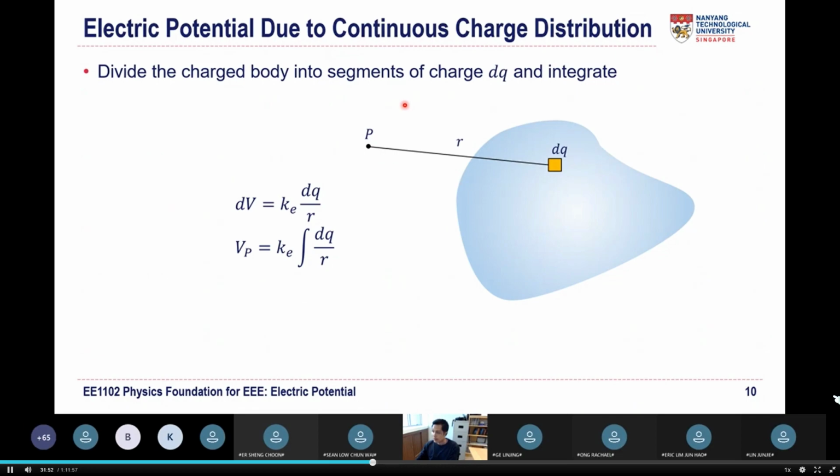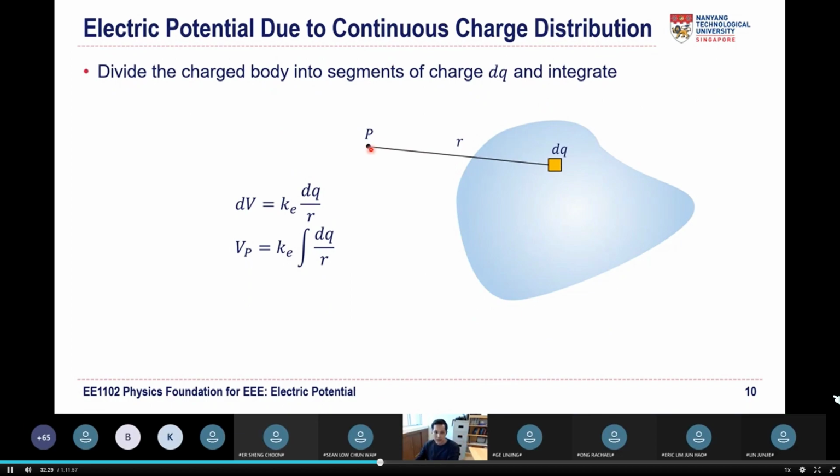So we did discuss how to calculate the electric potential due to a system of multiple point charges, right? Then you can apply the same logic to calculate the electric potential due to a continuous distribution of charge at point P. So let's say this blue solid is a charge distribution over some volume.